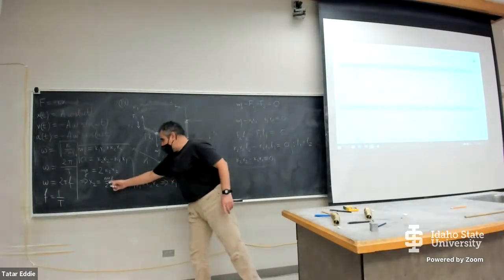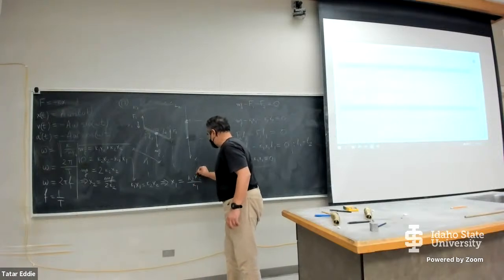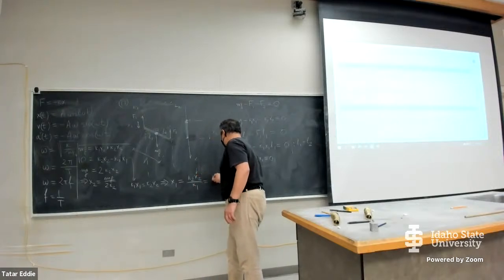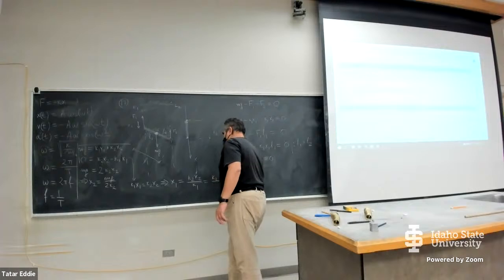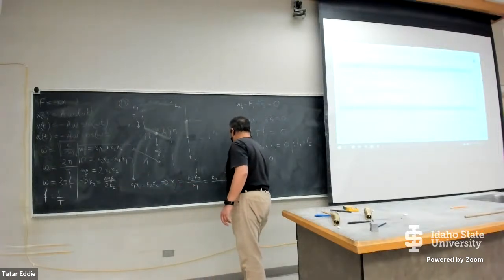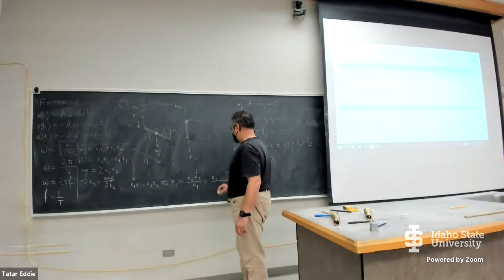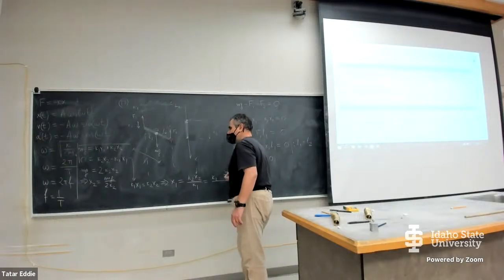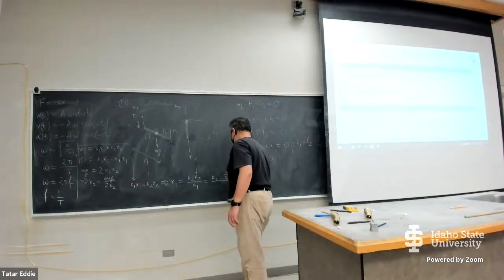But I already have x2, so I can substitute x2 here. I'm going to have k2 times mg divided by 2 times k2, and all of this divided by k1.